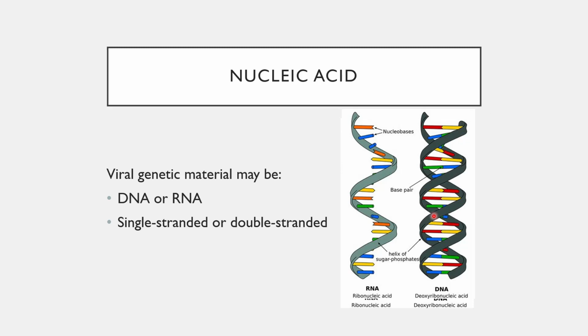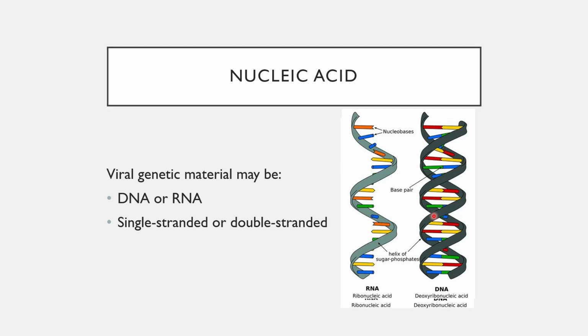There's any possible combination of the two different types of nucleic acids with the two different varieties of strandedness. So this is another thing that makes them different. And the type of nucleic acid and its strandedness bears on the reproductive process.